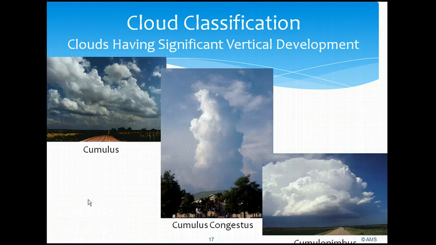Clouds having significant vertical development form in the updrafts of convection currents that can surge to great altitudes in the troposphere, upwards of 10 to 12 miles in some cases. The altitude at which condensation begins to occur through convection is known as the convective condensation level.